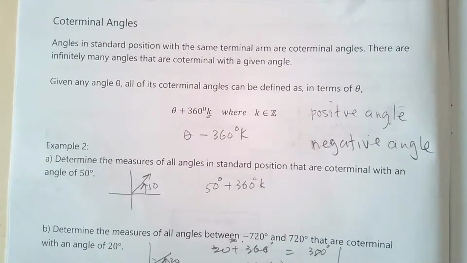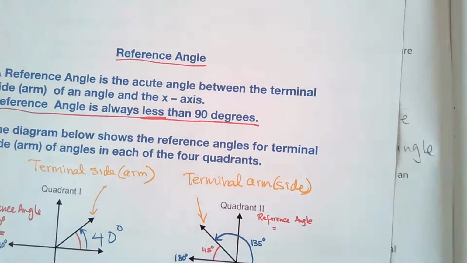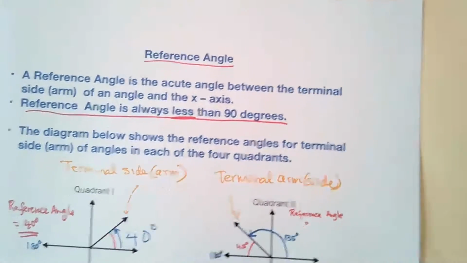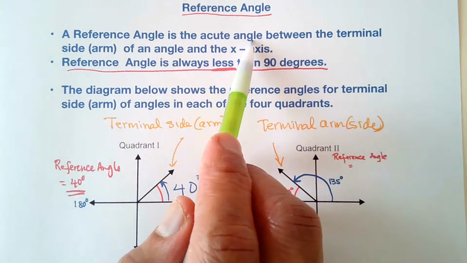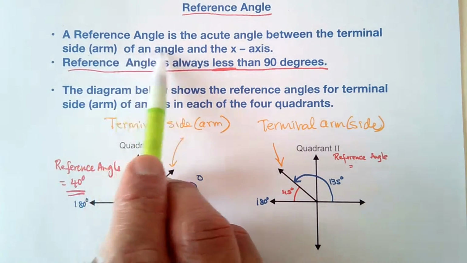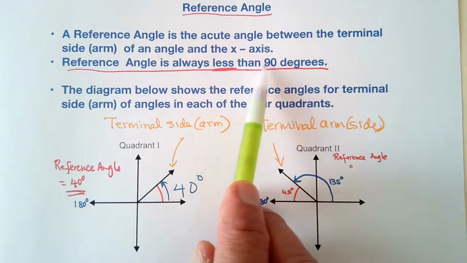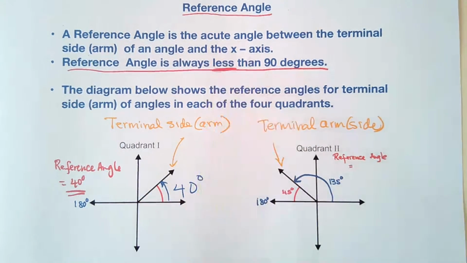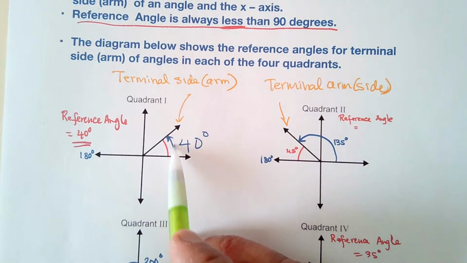The next thing we look at is the reference angle. Now, a reference angle is the angle between the terminal arm or side of an angle and the x-axis. And it's always less than 90 degrees. Now, here are some examples. Here we have our standard angle, 40 degrees.